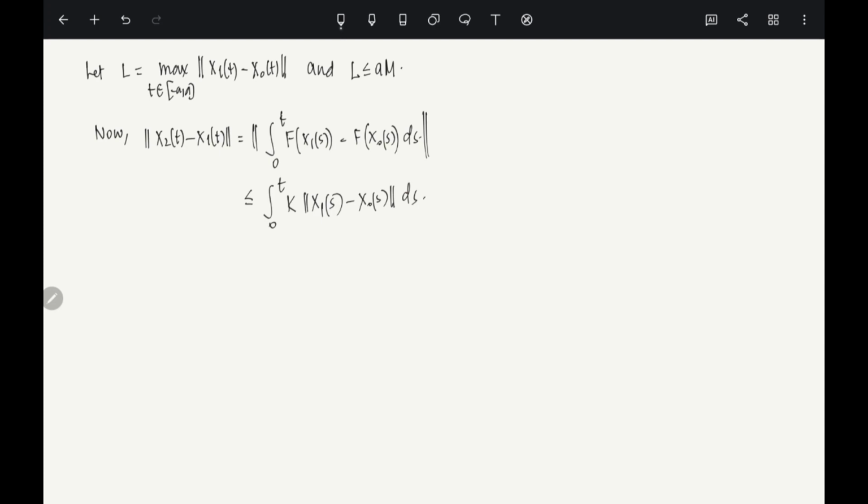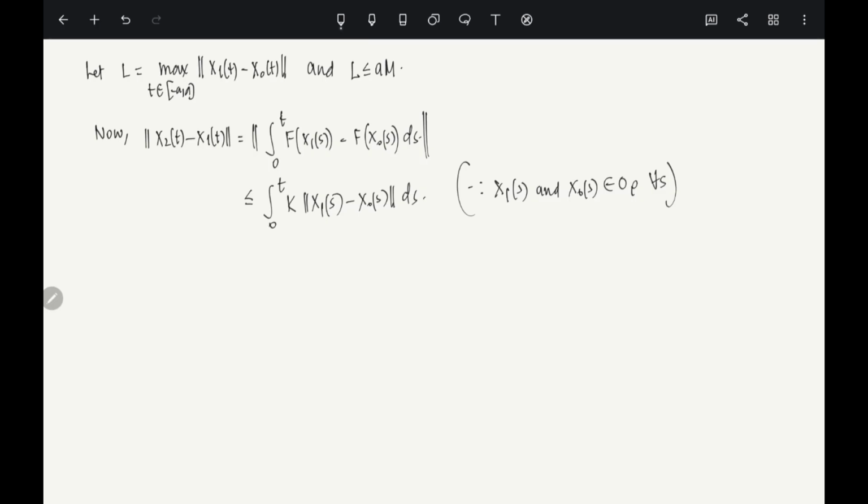Because x1 of s and x0 of s are in O for all s, so that is why we need it in O for all s. Since these are in O for all s, f is Lipschitz continuous in O. F is locally Lipschitz, and when f is restricted to O, then f is Lipschitz continuous. So I can take the Lipschitz constant out.